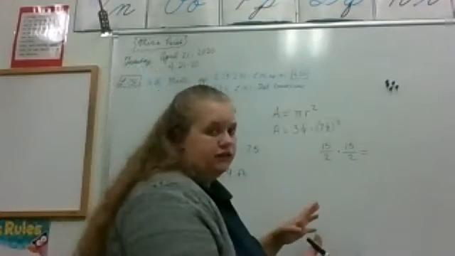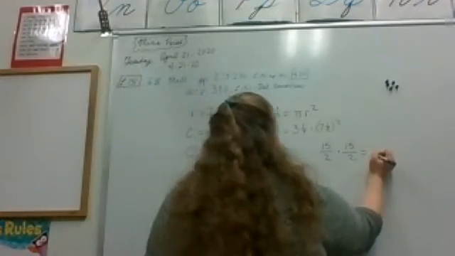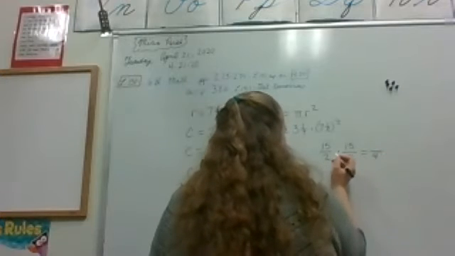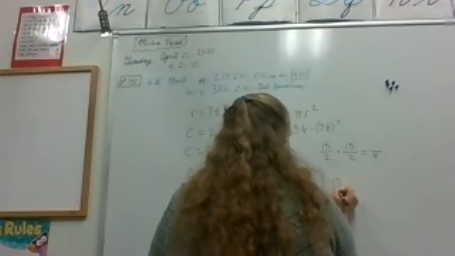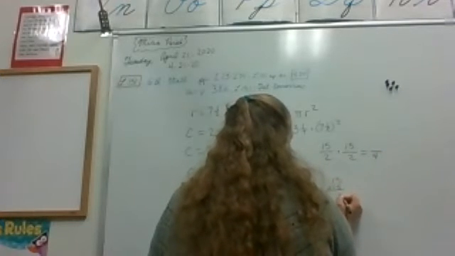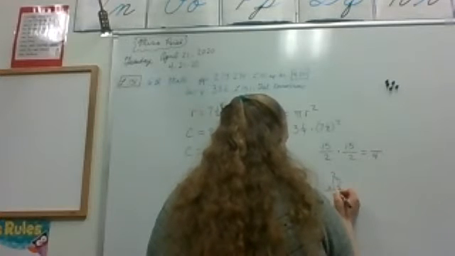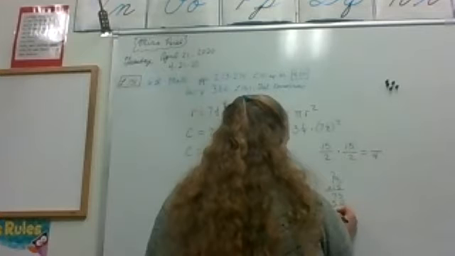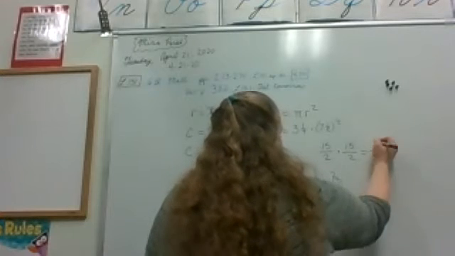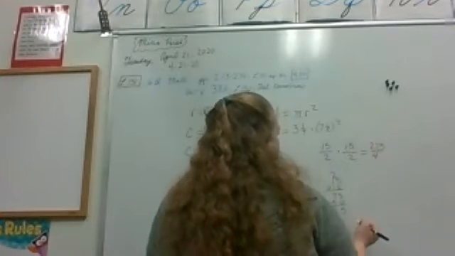We can't cancel. This is going to be 4 on the bottom, and you need 15 times 15, 225, okay?